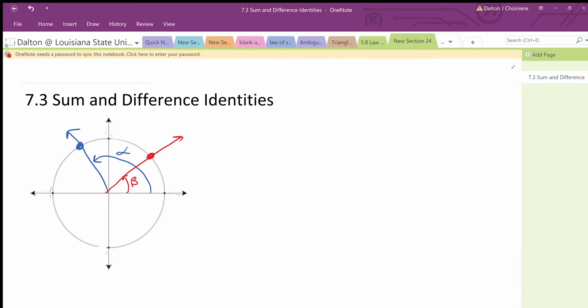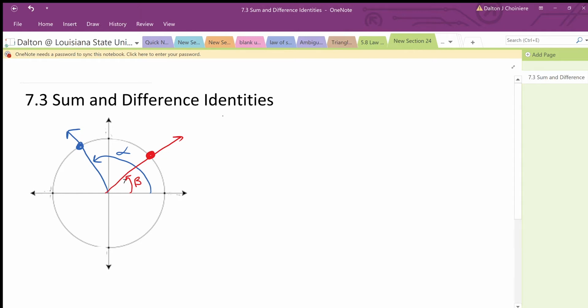Okay, the next thing I want you to think about is how we can write these coordinate points. So if I wanted to figure out where this red coordinate is on the unit circle, we need to remember that all of the coordinates, x and y, by definition of what we know about the unit circle, can be rewritten using a trig ratio.